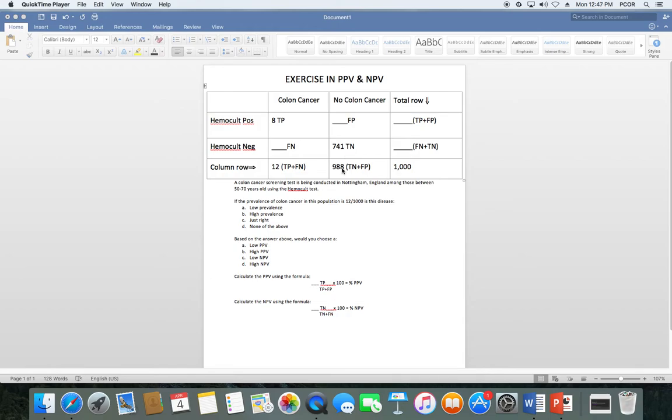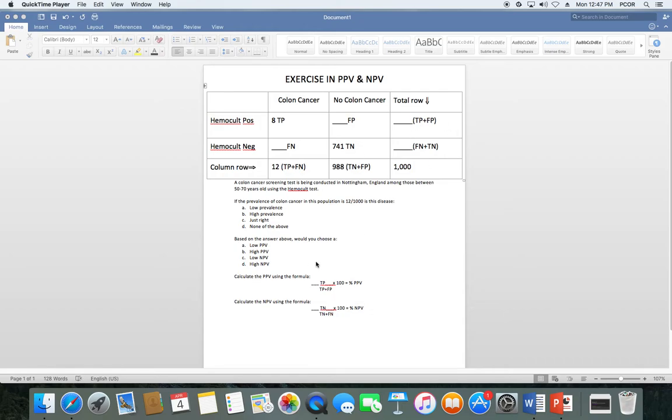You merely deduct that from the total of all negatives, and that would be your false positive. The total for this row is just merely adding your true positive with your false positive, and the total for the Hemoccult negative is adding your false negative to your true negative.